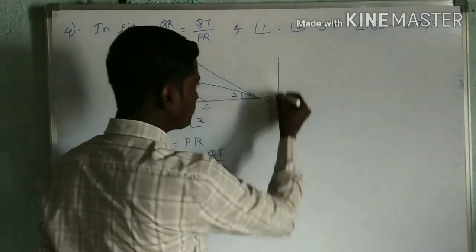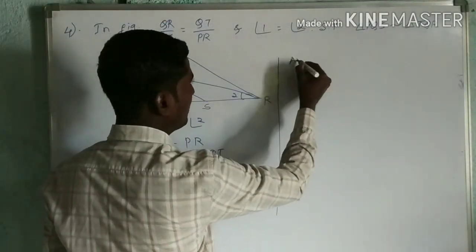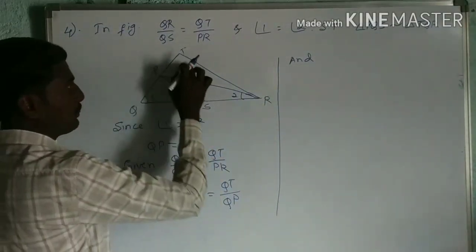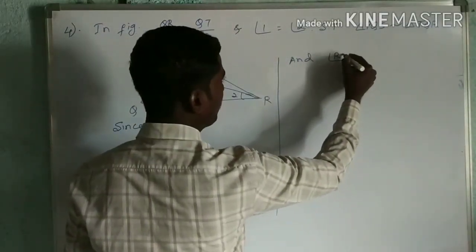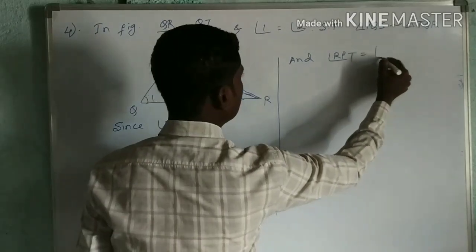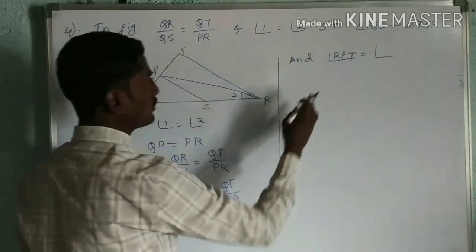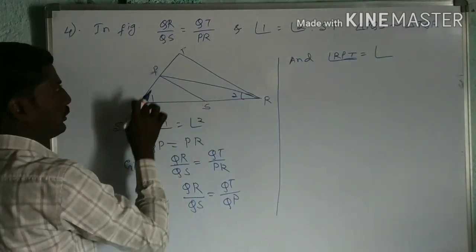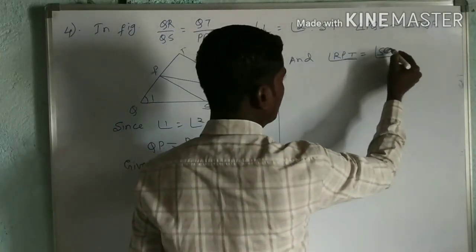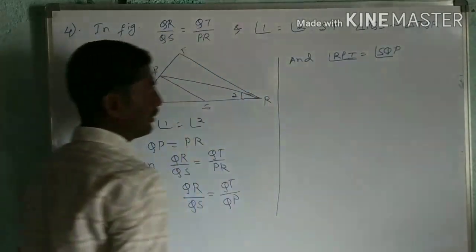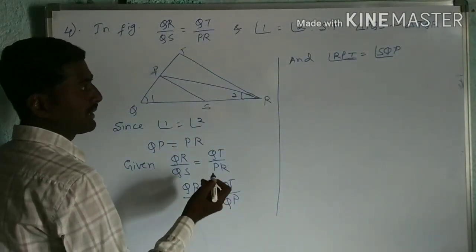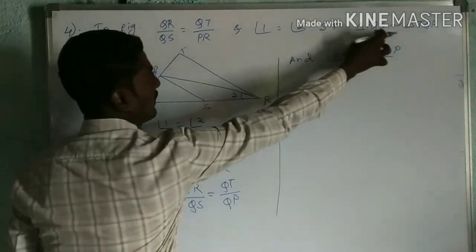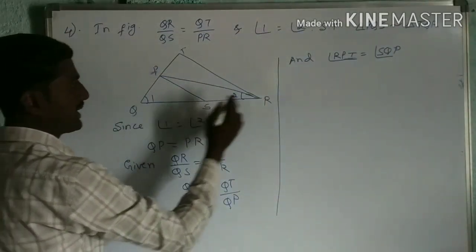So now here, angle 1 means RQP, and the other one is SQP. Now, by using SAS, what can I write?